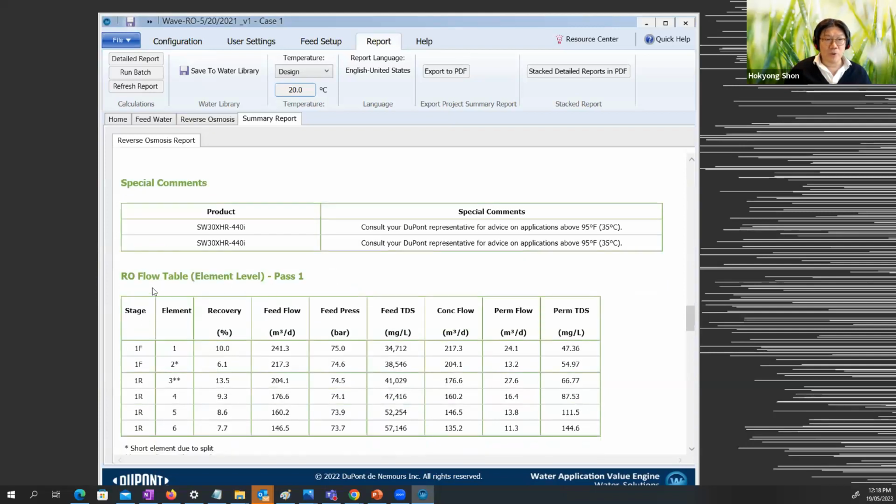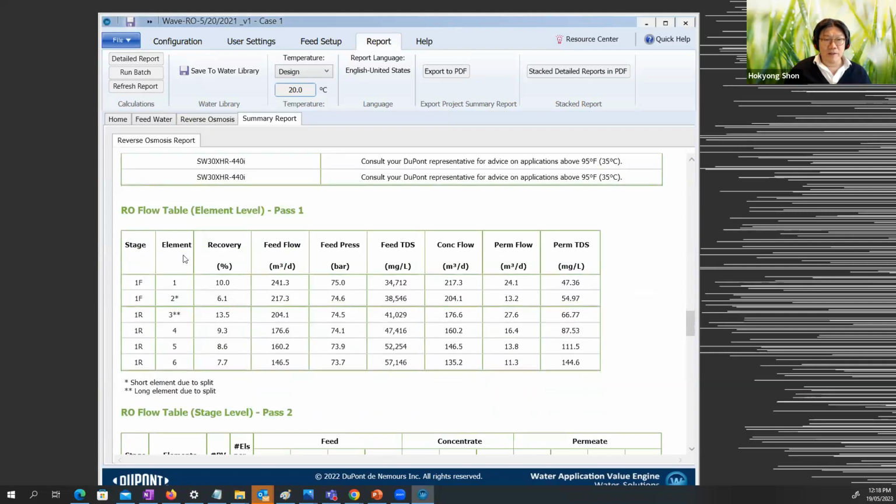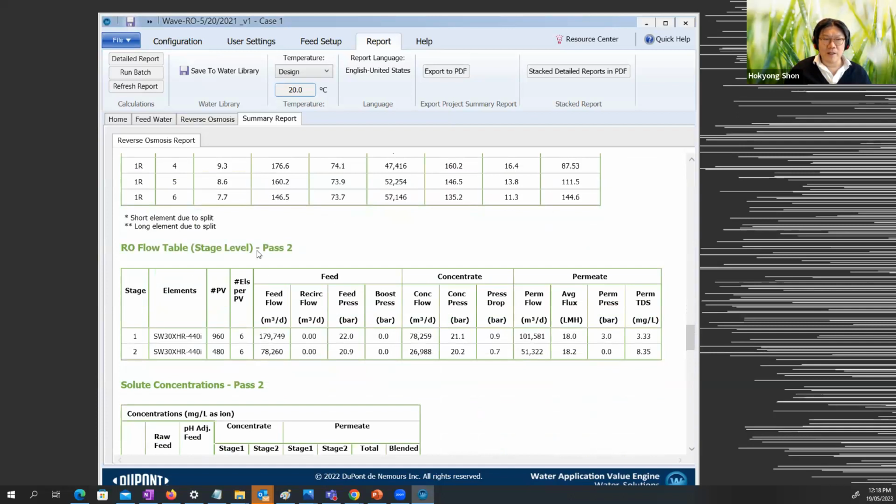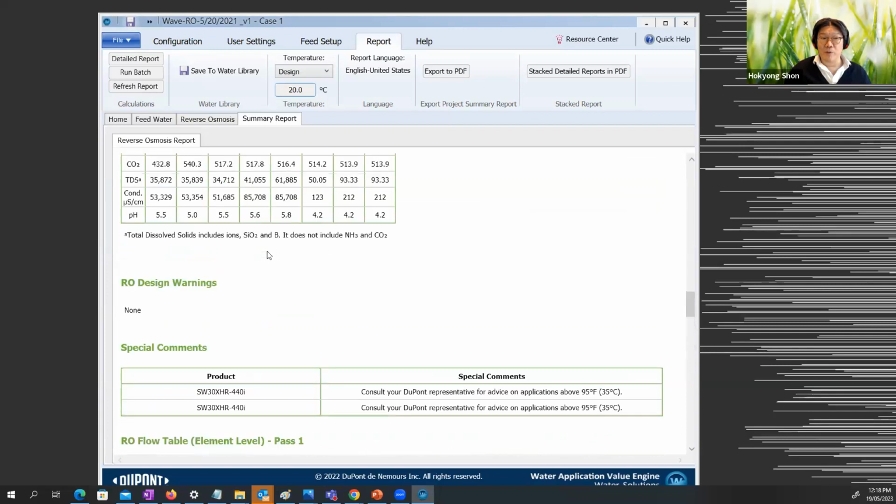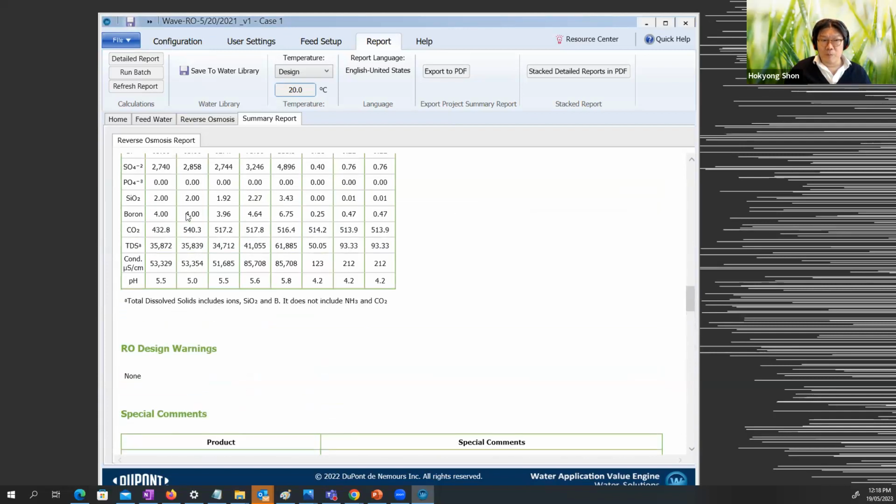Also, they will show the flow rate in the different elements and different recovery rates. Also, you will have all the detail. And because our first pass has a very high concentration of boron, which means around 0.47.